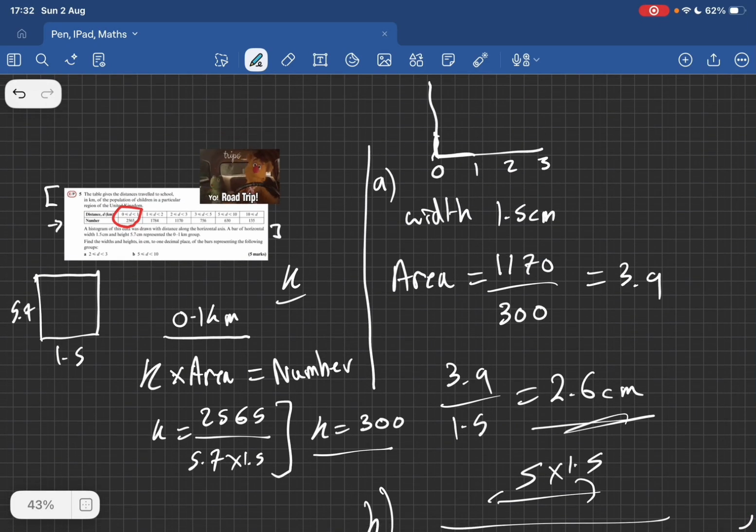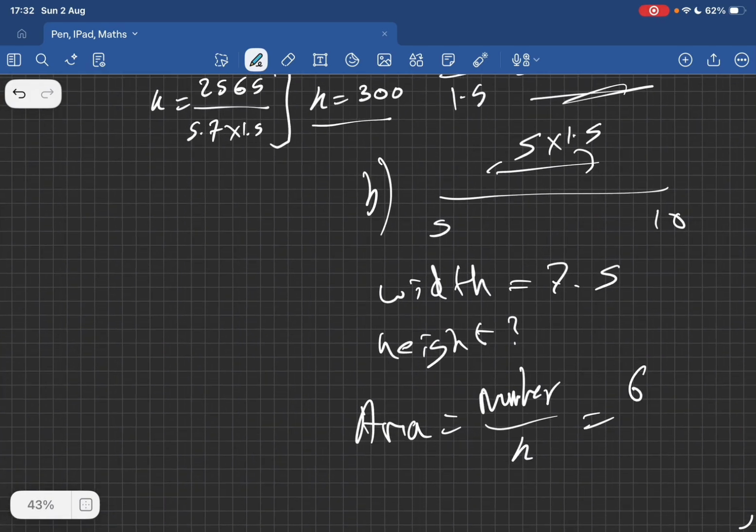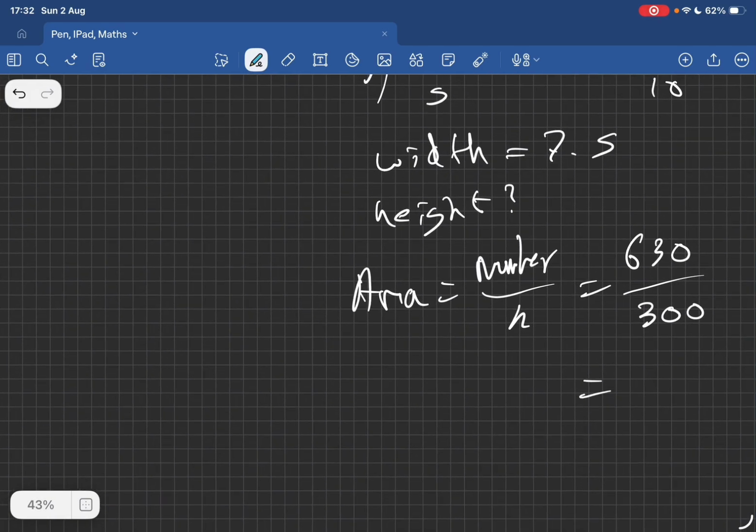So our number for 5 to 10 is 630 divided by 300. Top and bottom by 3, so 210 over 100, so 2.1. Let's put that in the calculator to check, but yes, 2.1.